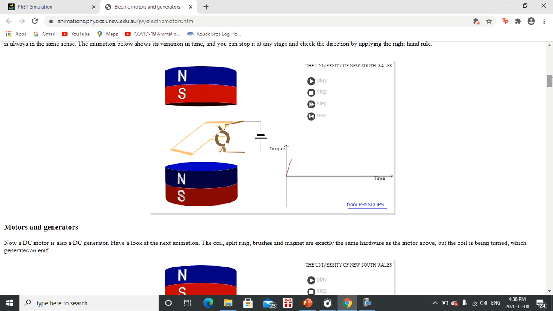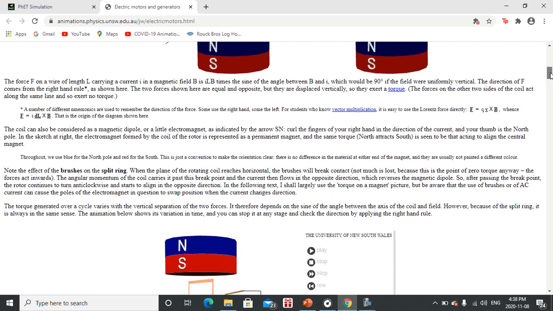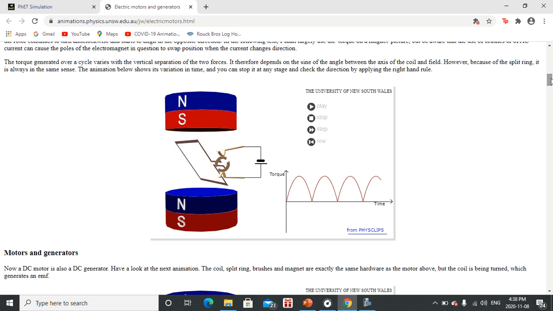So this one here is showing us what's going to be taking place with our motor. So again, we can tell it's a motor because we do have a power supply. This is the symbol that we do use in a schematic diagram for DC and for a battery. Current is going through, but it's only completing the circuit when we have the brush that's in contact with the metal portion of the split ring.